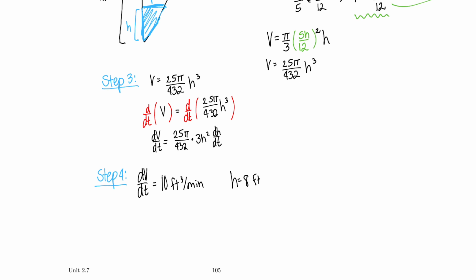We can plug those in, and we're solving for dh/dt. So dV/dt is 10, so we'll put 10 here. And then we have 25 pi over 432 times 3, and then h is 8, so we'll have 8 squared dh/dt.